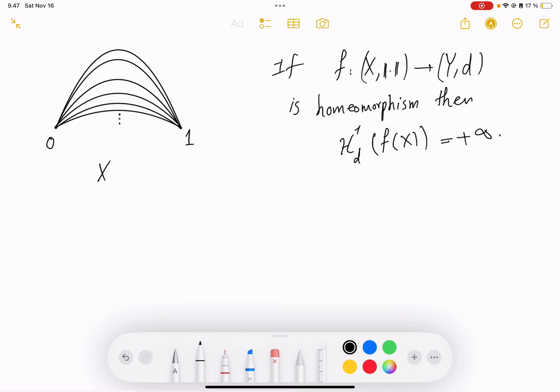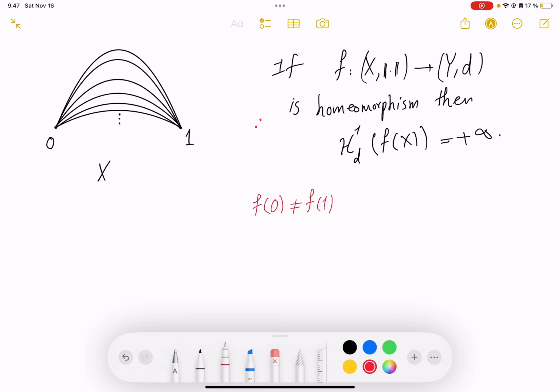The reasoning here is much simpler than the reasoning in the original example I had given. We know that f of 0 is not equal to f of 1 in the target space. They map to different points. They may be very close, but they are not the same points.